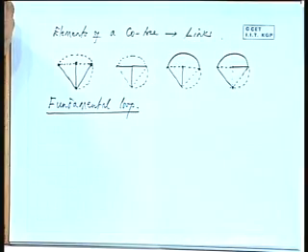Why do you need fundamental loops? When you have a very large network, while writing loop equations, you never know how many loops are minimum required to solve the network problem. How do you really select the number of equations, number of loops, especially when you have so many variables?